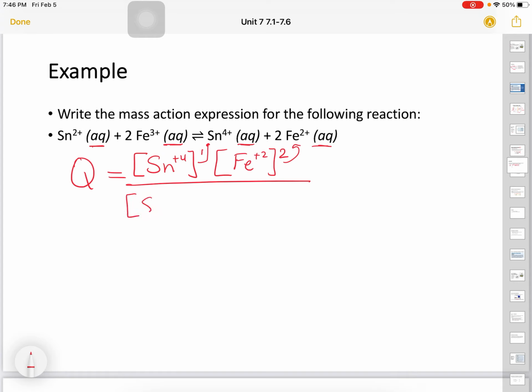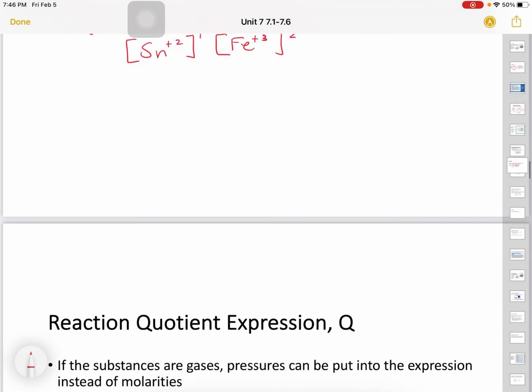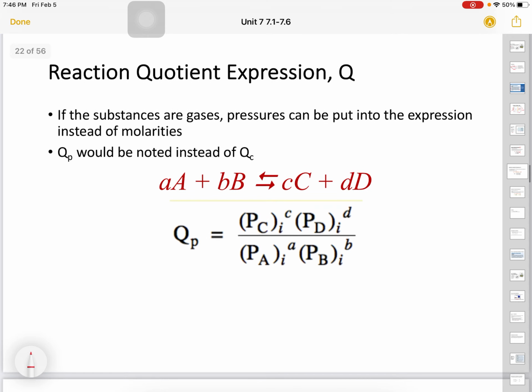My reactants, tin positive 2, so it's obviously a redox reaction, times the concentration of iron positive 3 raised to the second power. That's all you have to do to write this expression. It's products over reactants. Their concentrations will be raised to whatever their coefficients are.